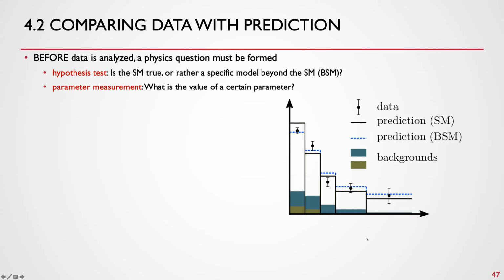Either it's written in the caption what the errors are, or by default they are statistical. In other words, they should roughly be of the order of the square root of the number of events in that bin. Then one has some sort of prediction.